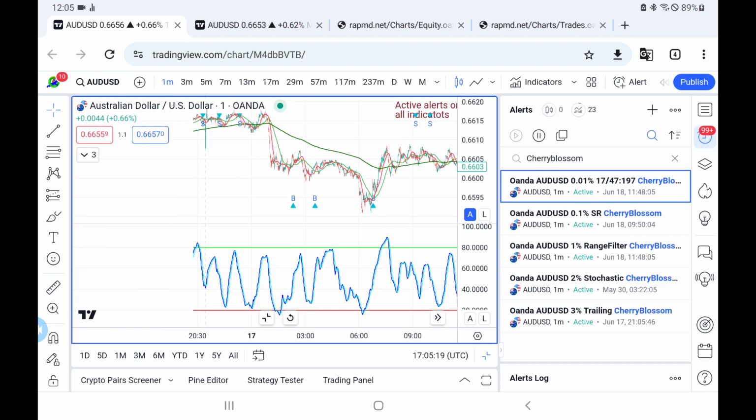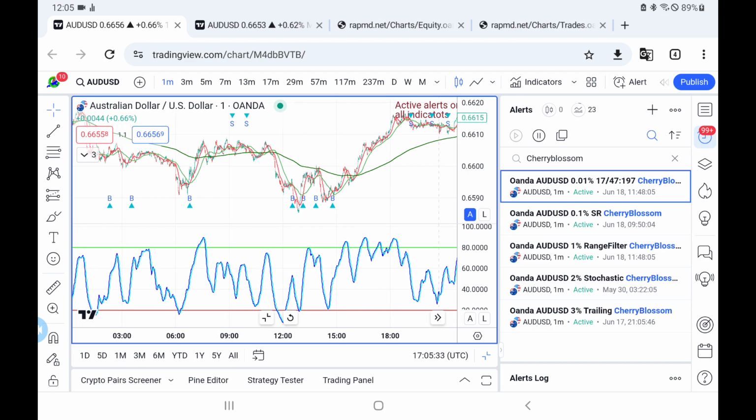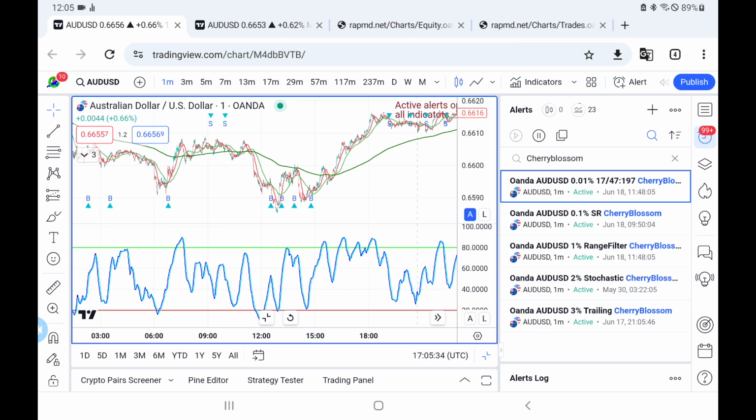And we can continue going back further and further throughout the history, and we can see how this compounding effect really does begin to add up over time. So this is the 0.01% approach.